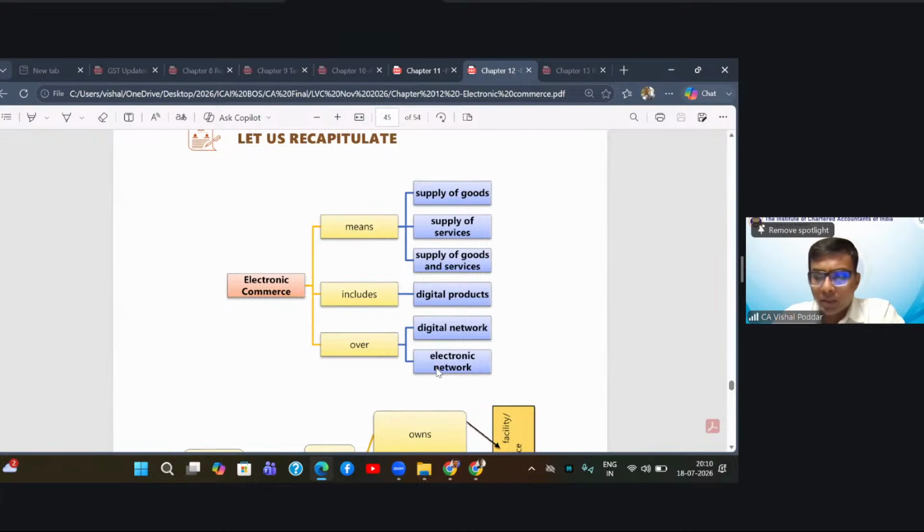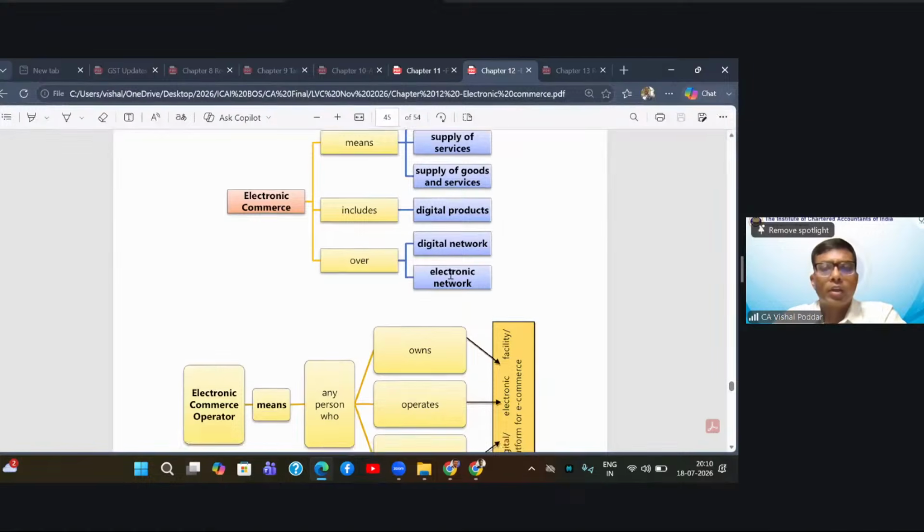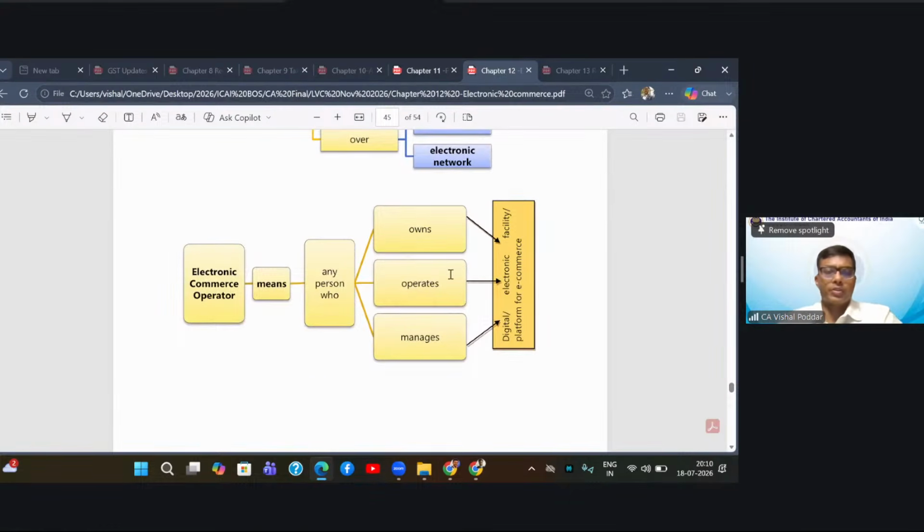In very simple words, wherever you are doing supply through an app, that app is the e-commerce operator, and the entire transaction of doing that supply using an app, that is an online medium, is called e-commerce. So the app is the e-commerce operator, and the transaction that you have done is the e-commerce.